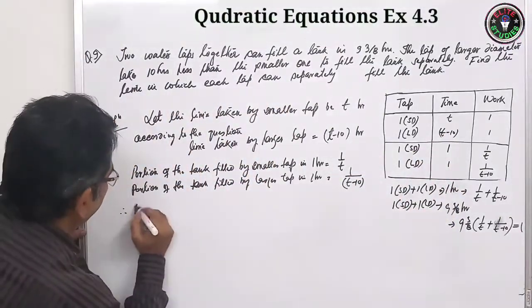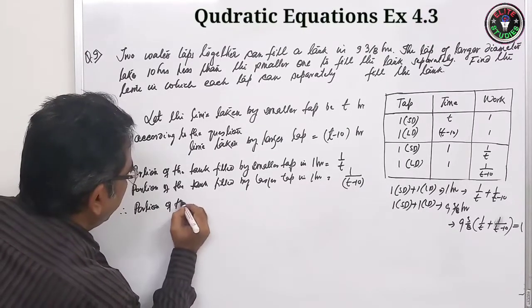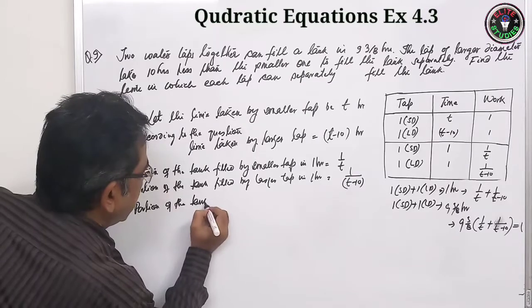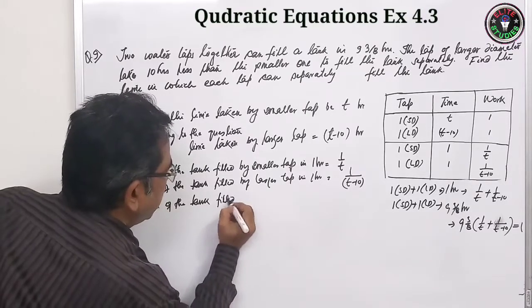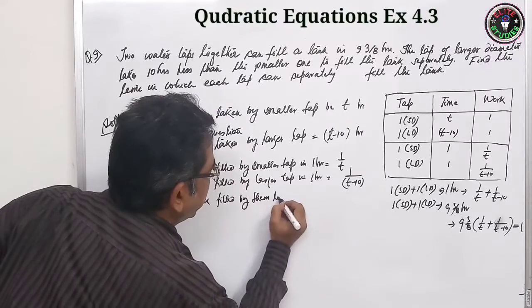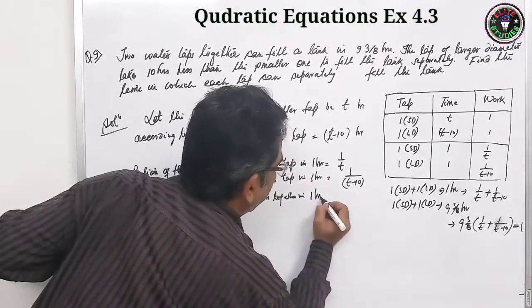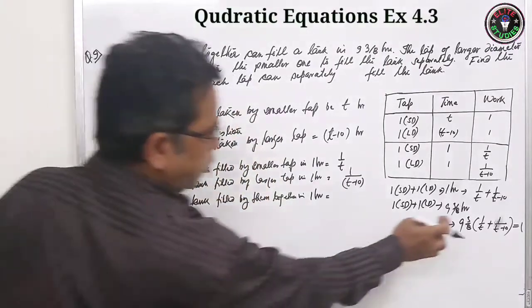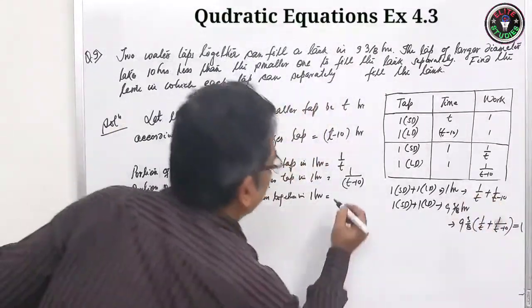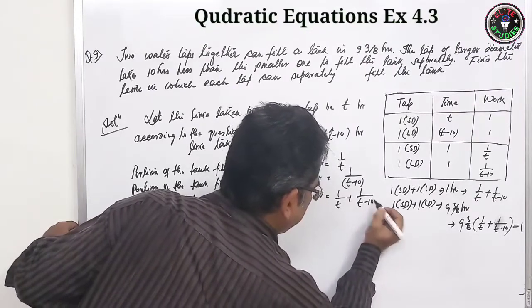So therefore, portion of the tank filled by them together in 1 hour, I told you, it will be 1 by t plus 1 by t minus 10.